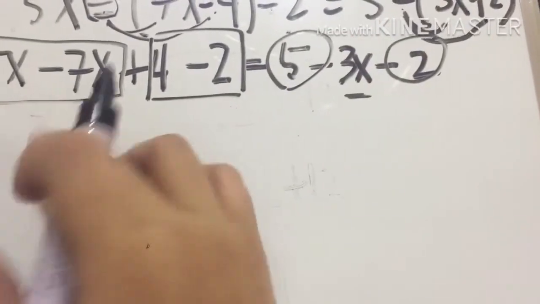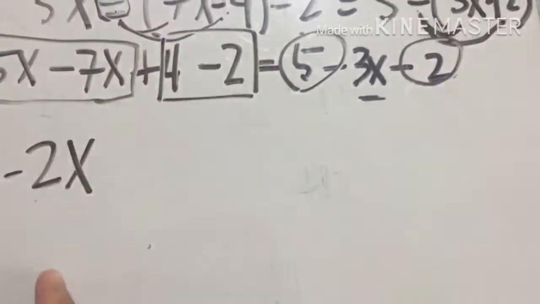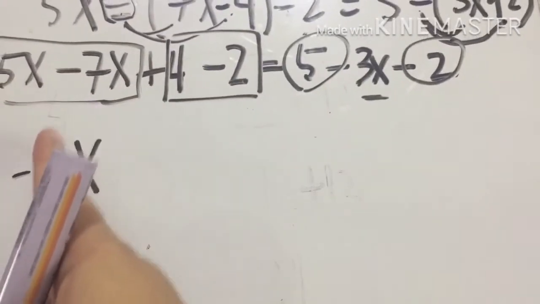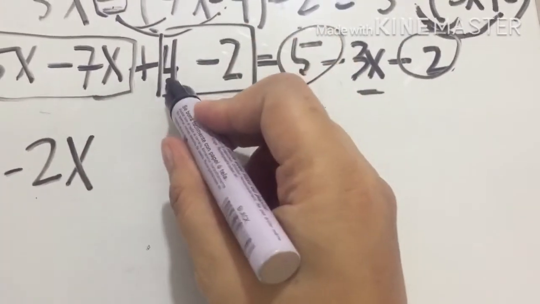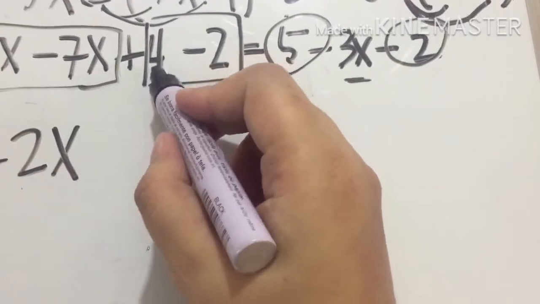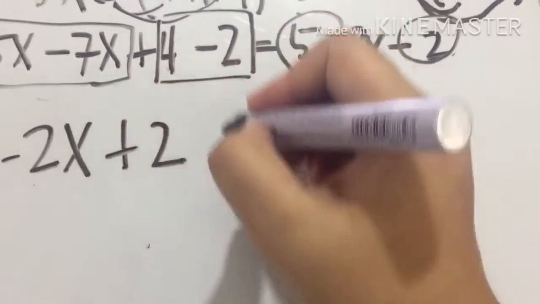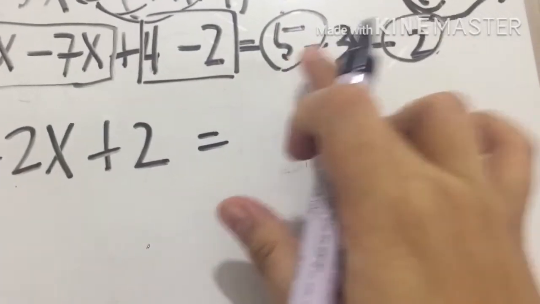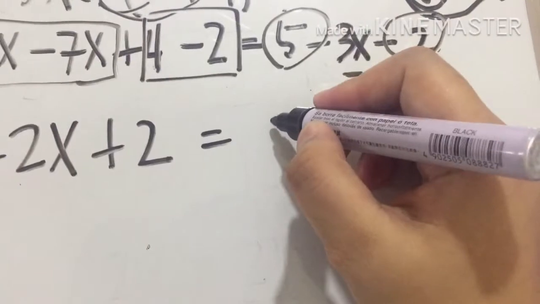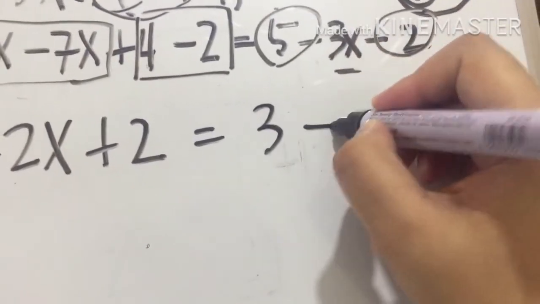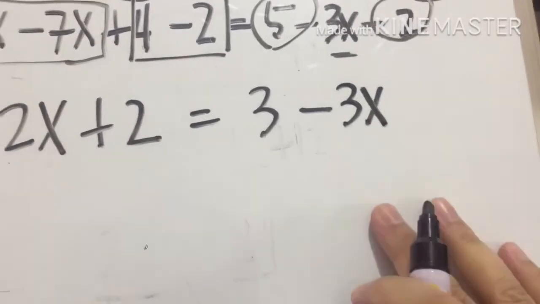So 5x minus 7x becomes negative 2x, again following the sign of the one with the greater coefficient. And then plus 4 minus 2, that's positive 2, and then 2 plus 2 equals, so here 5 minus 2, that's what? 3 minus 3x. Alright.